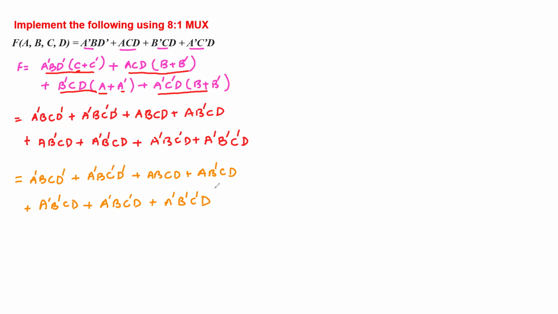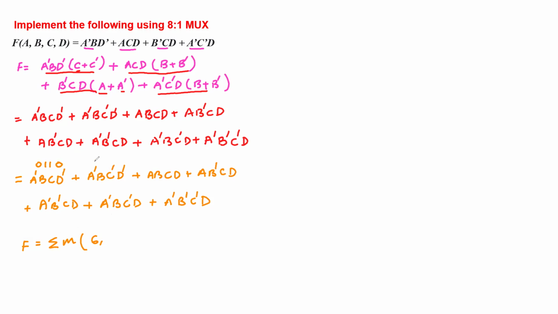Once we write this, we have got our final min terms that we can write in the form of an equation. So we can finally write F equal to summation of the min terms. What are those min terms? This one is 0, 1, 1, 0, that is min term 6. So we'll write here 6.